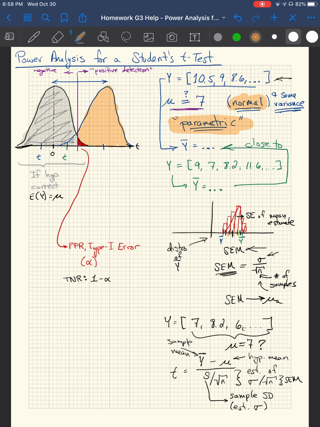That's everything underneath that curve that's to the right of the purple line, and those are our positives, our true positives.